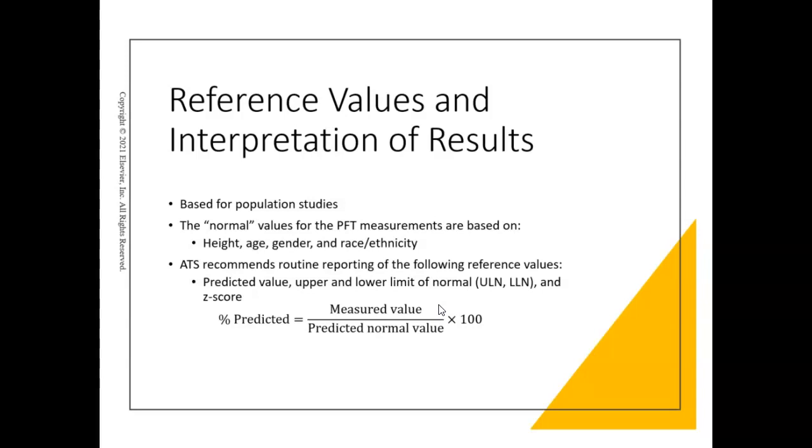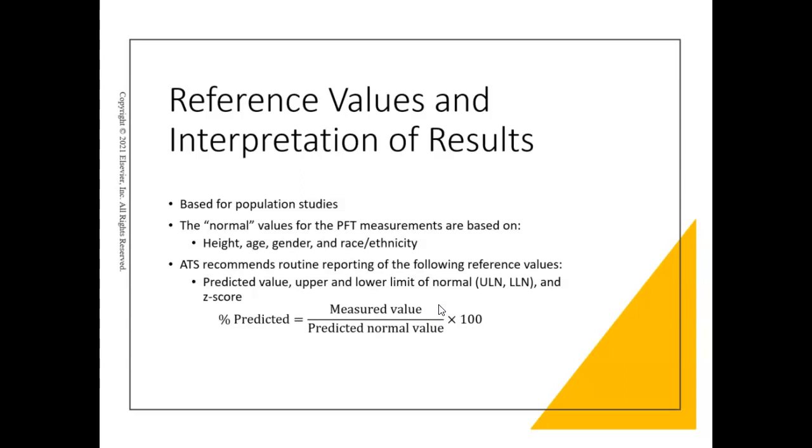They also come out with new recommendations and new guidelines fairly frequently, and it is important that if you work in pulmonary function, or you supervise a pulmonary function lab, that you're up to date on the most recent guidelines. They recommend reporting references for predicted value, the upper and lower limit of normal, and the Z-score.